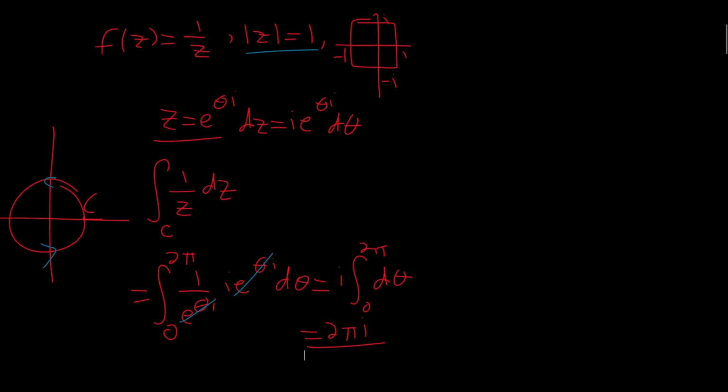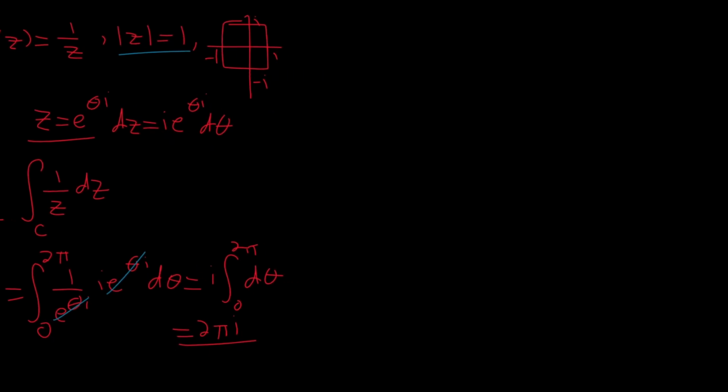Okay, so let's do a slightly more complicated example, which is going to be this square right here. So this square, where the corners are 1 plus i, and then 1 minus i, negative 1 minus i, and then negative 1 plus i right here.